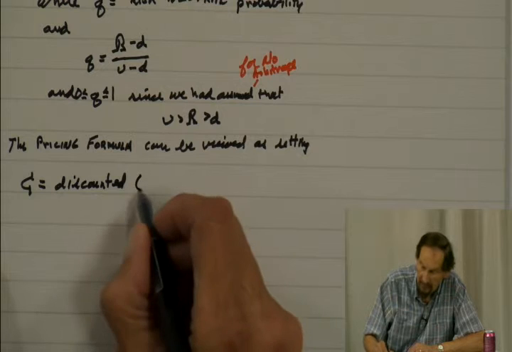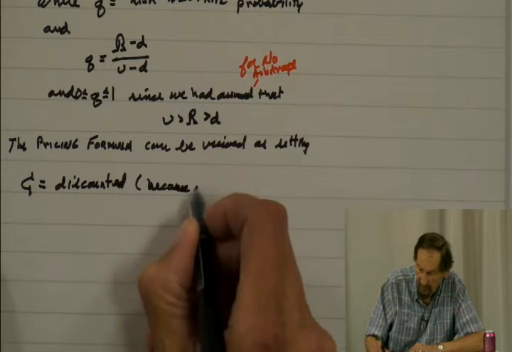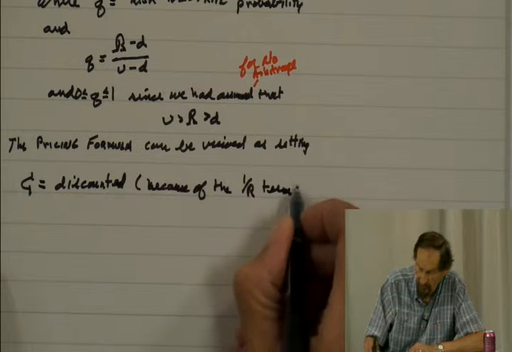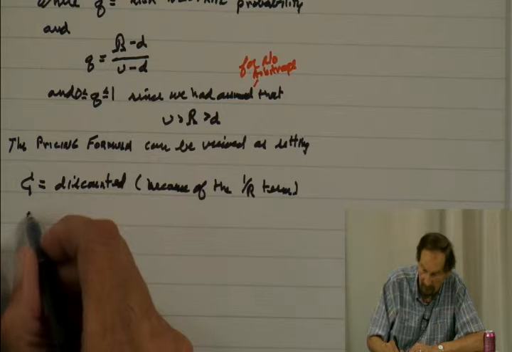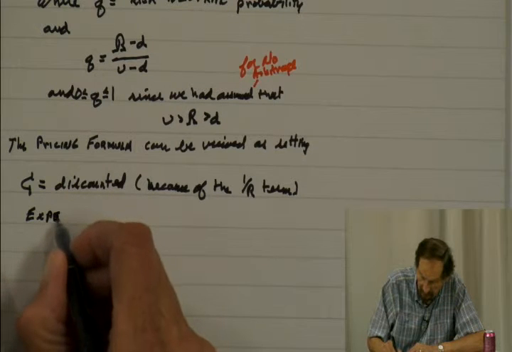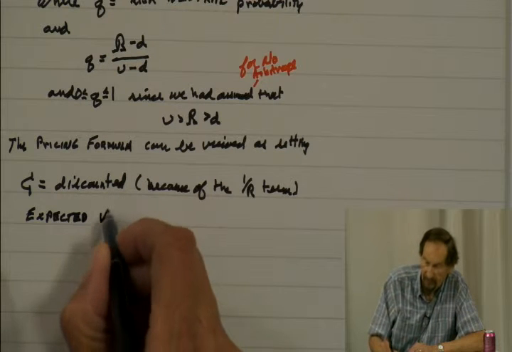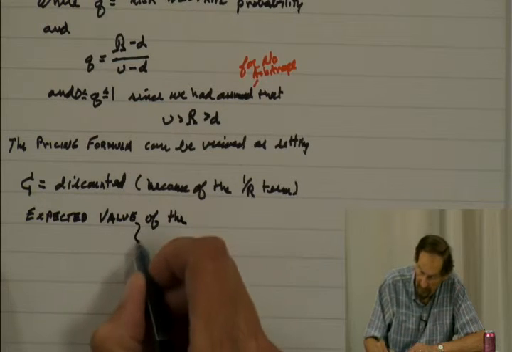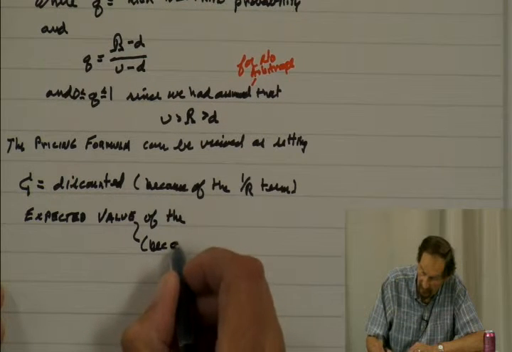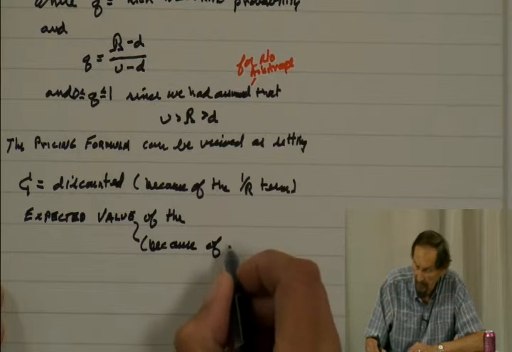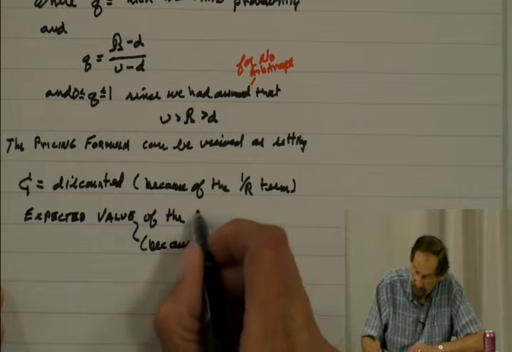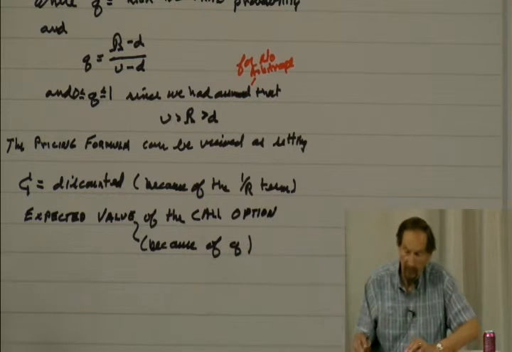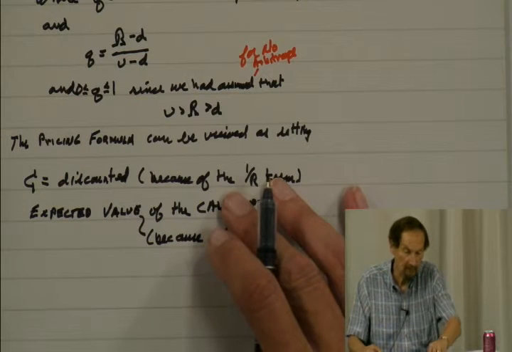It's discounted because of the 1 over R term, and the expected value is because of the Q's, and the Q's we viewed as the risk-neutral probabilities.